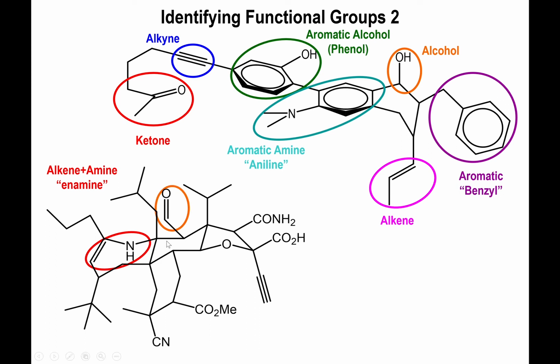Okay, now this one right here, you have a carbonyl group. Now that carbonyl is bound to a carbon, so you might be tempted to say that this is a ketone. However, the other end where there is nothing bound to it, well, this is only 3 bonds, so you have to have a 4th bond to a hydrogen to complete the octet of this carbon. So this is actually, in fact, an aldehyde.